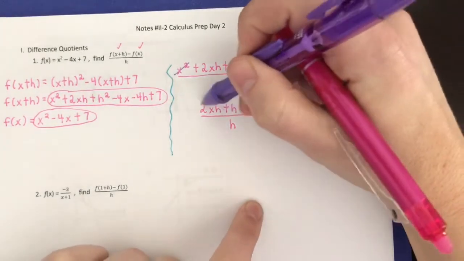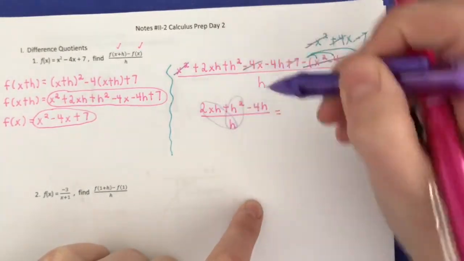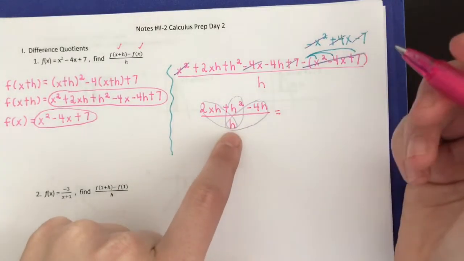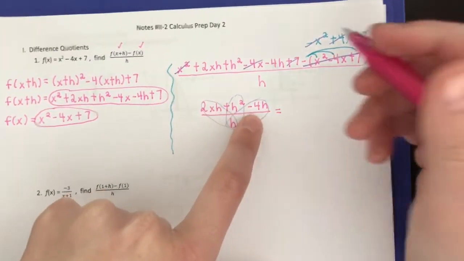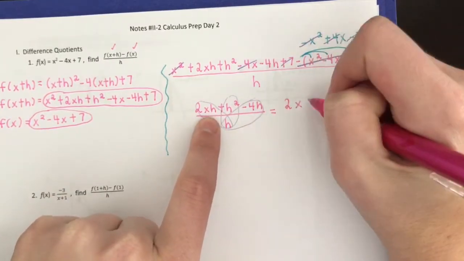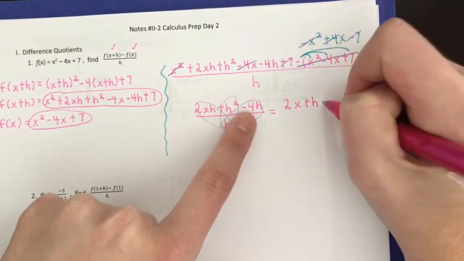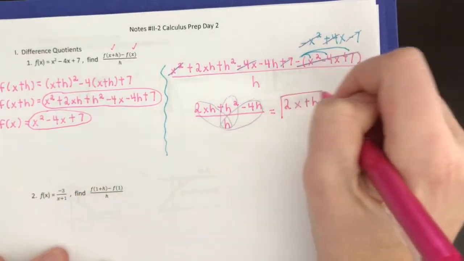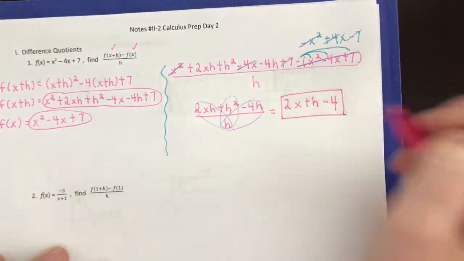So what you hopefully notice is every single term, all three terms in the numerator, can be divided by h. All these terms contain an h within them. Okay, so we would have 2x plus h minus 4. So that would be our final answer for that difference quotient.